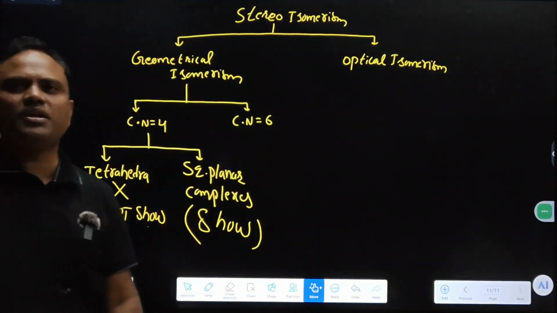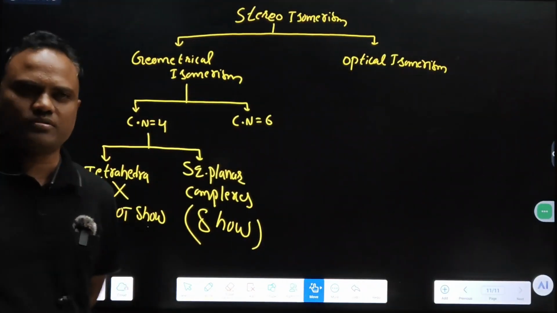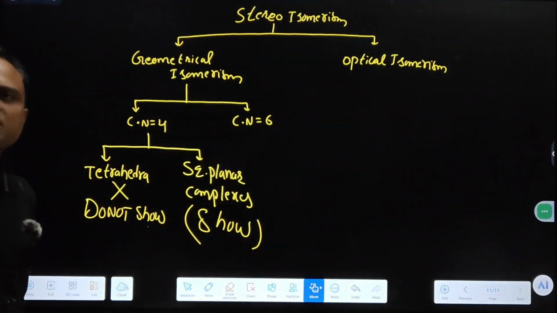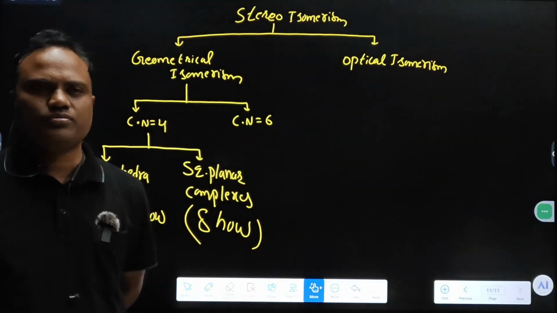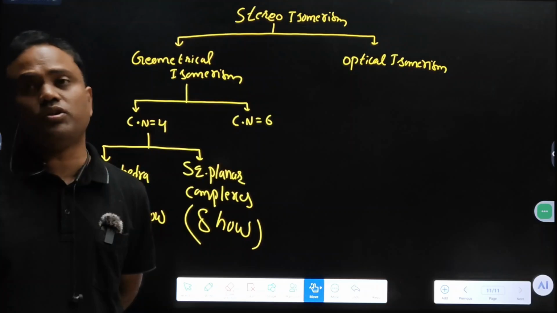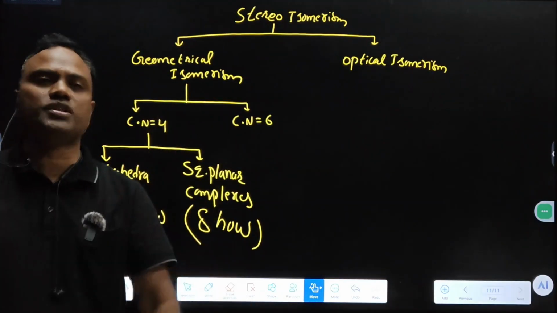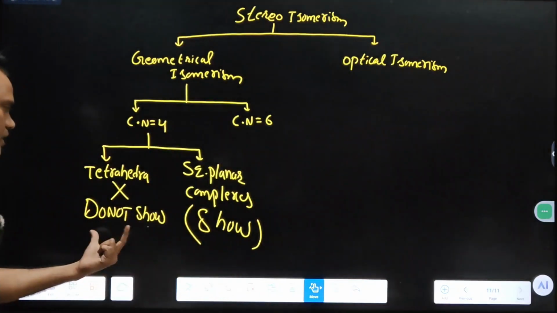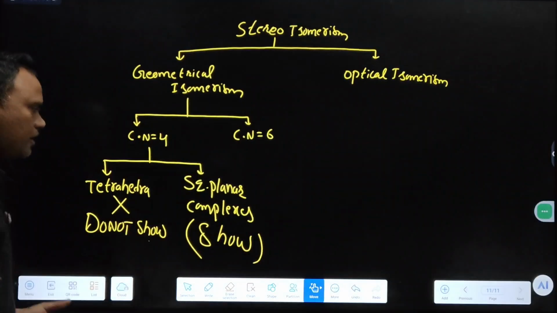That's why I explained VBT and the hybridization concept. When a complex is tetrahedral, it does not show it. Even though it satisfies the structural condition, it won't show geometrical isomerism, because it comes under tetrahedral.